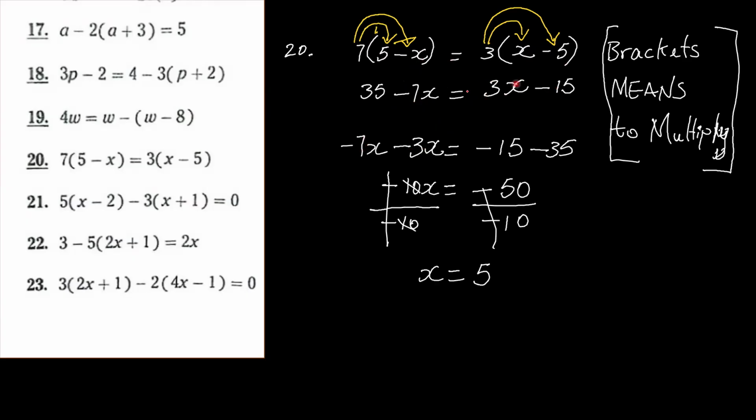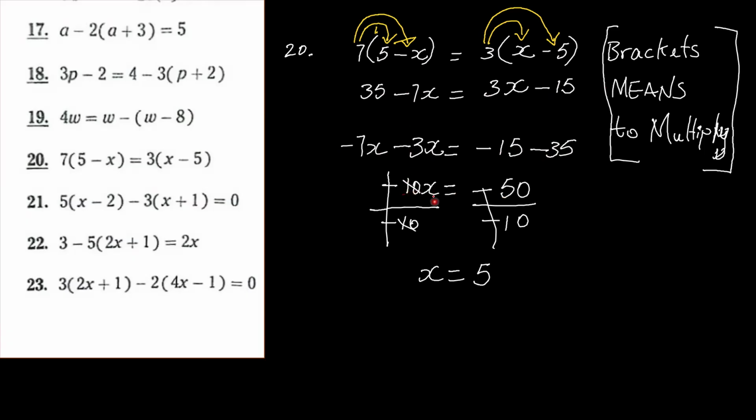This 3x, when I put it on the left-hand side, it became negative. The sign changed. The numbers we placed on the right-hand side. The negative 15 didn't move. But the 35, when we bring it across, it becomes negative 35. So 7x minus 3x, negative 10x. Negative 15 minus 35, negative 50.